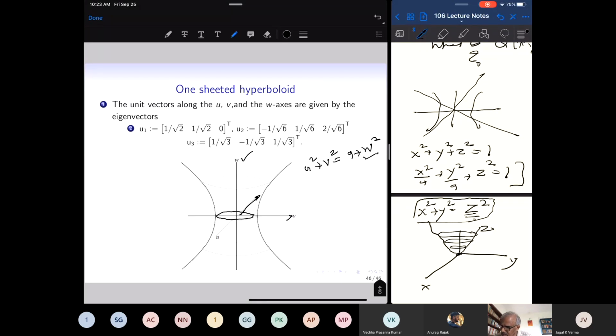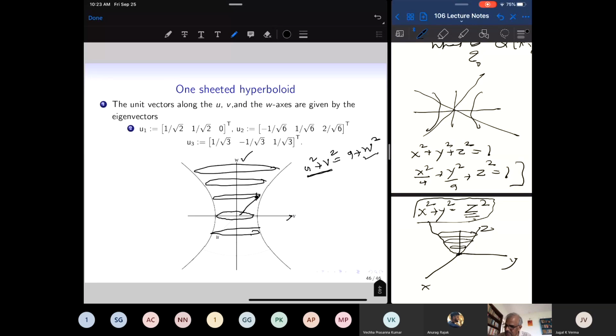As I move in the positive w axis or negative w axis, the radii of the circles, which are sections of this hyperboloid with planes parallel to the uv plane, become bigger and bigger. As w becomes bigger, I get circles of bigger and bigger radius. So I get a hyperboloid.